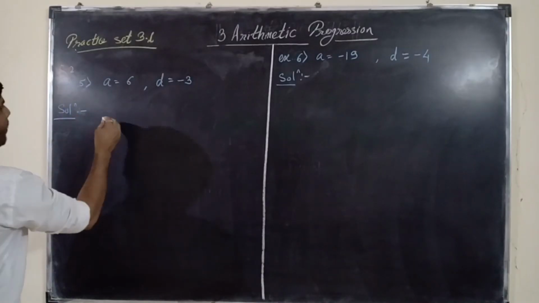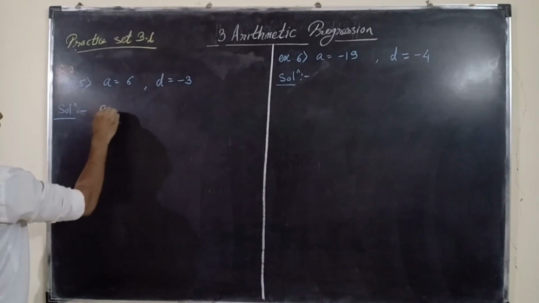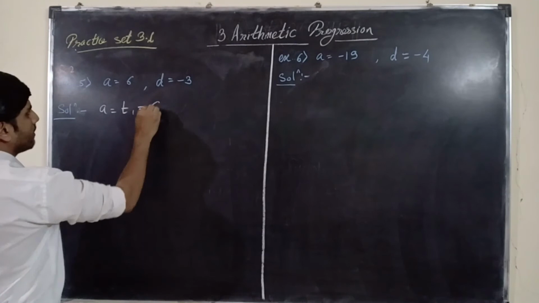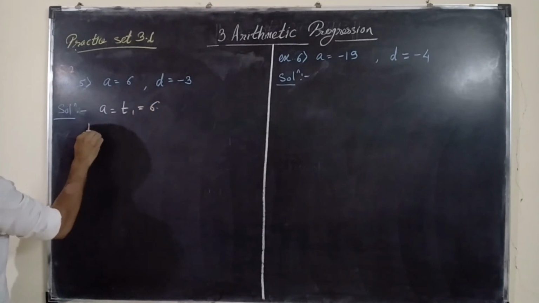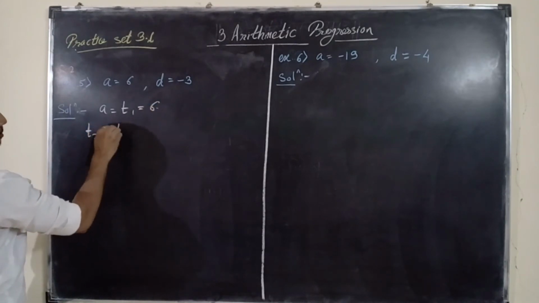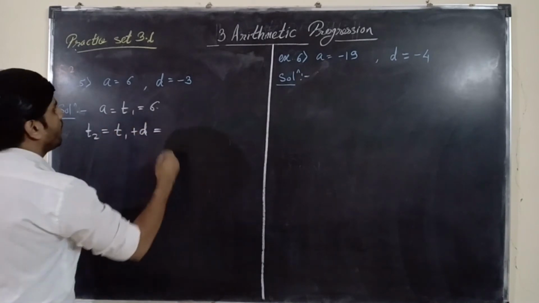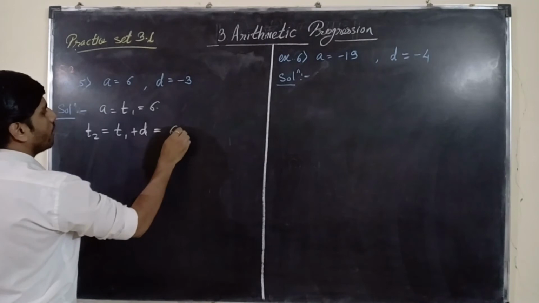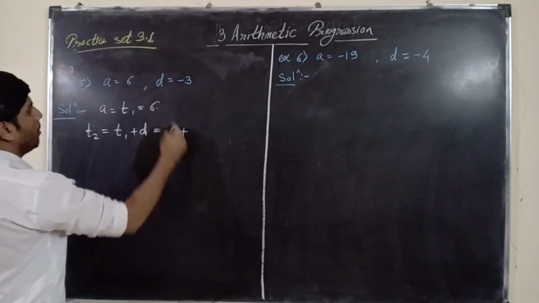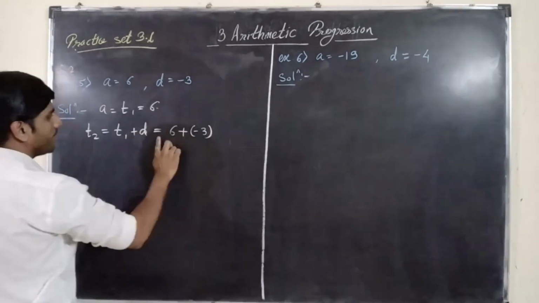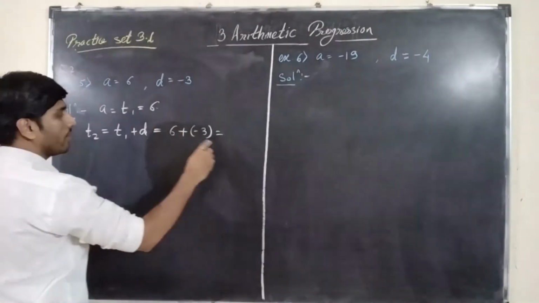Now in fifth example, first term A, which is T1, which is 6. Now we will find T2 by adding common difference in its previous term, and here we will get 6 plus common difference is negative 3. So signs are opposite, so subtraction will take place.